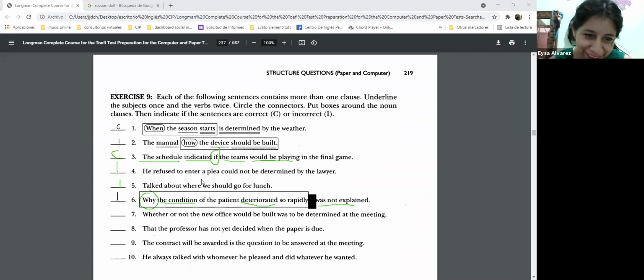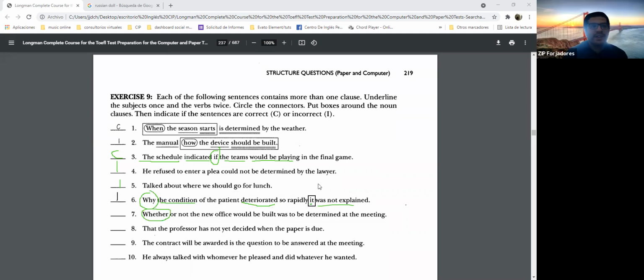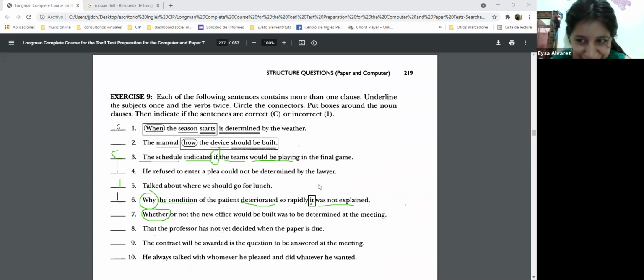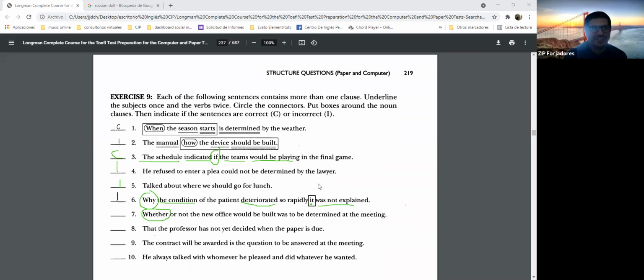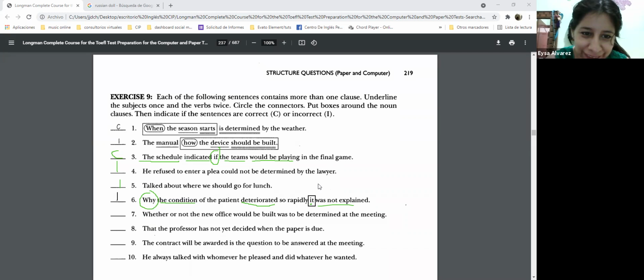Okay. We have one more time at the beginning. So we have "whether or not." Together? Yes, it's all together, "whether or not." "Whether or not" is the noun clause connector.